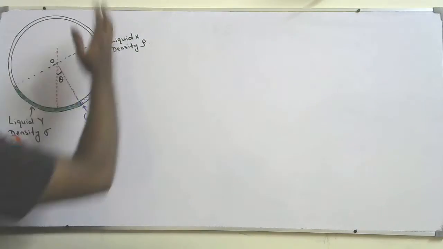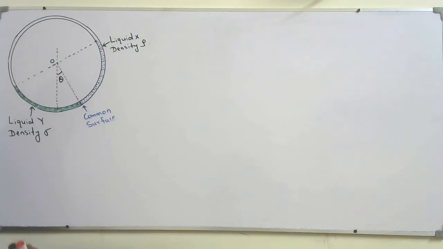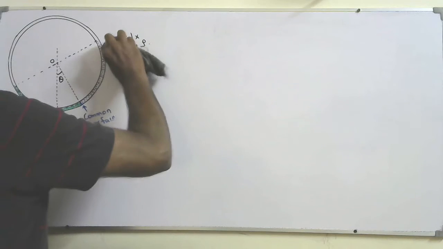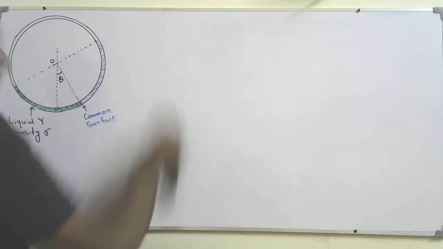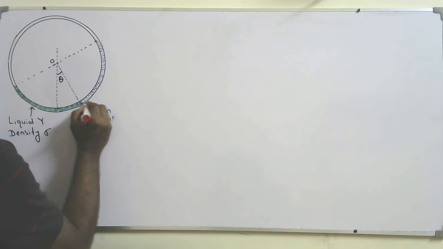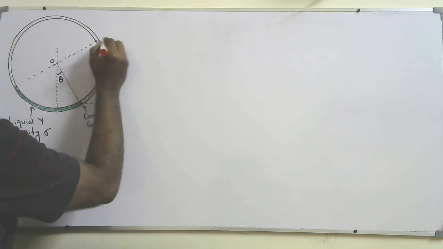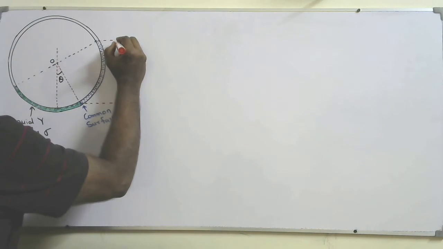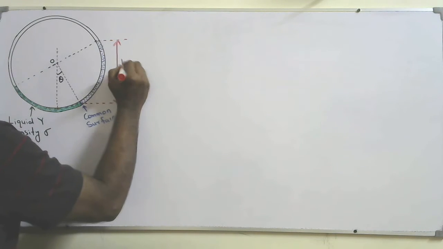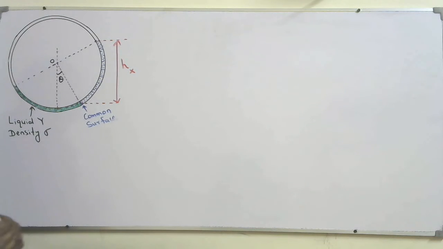So I'm removing this. We know that is liquid X. So I'm raising this part. I need to find that height above that level. I can call this height Hx, that is the height due to liquid X.